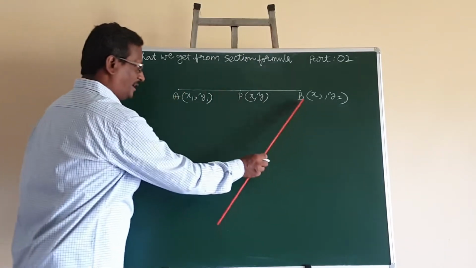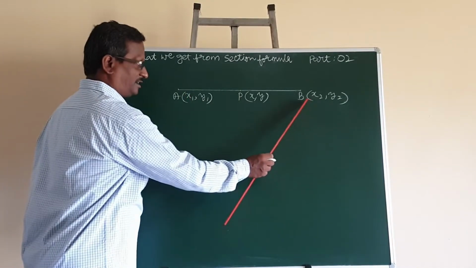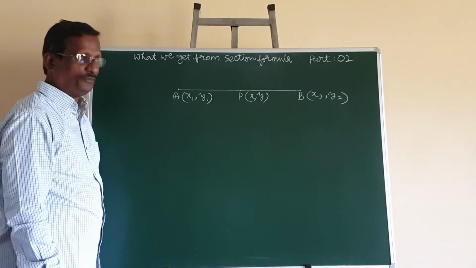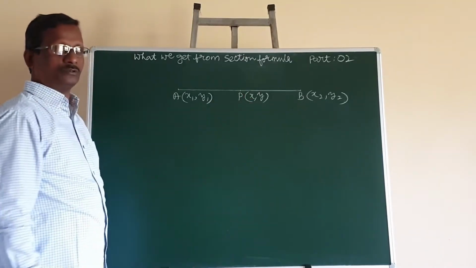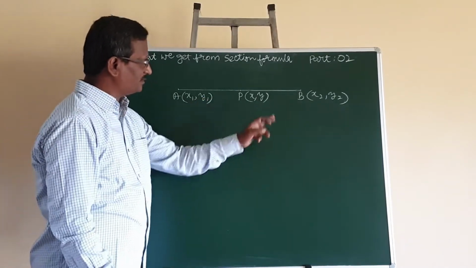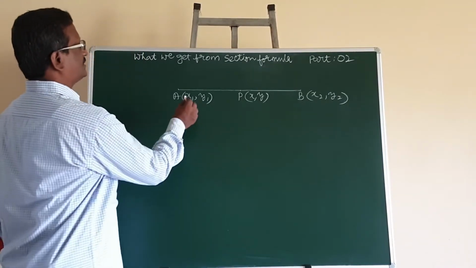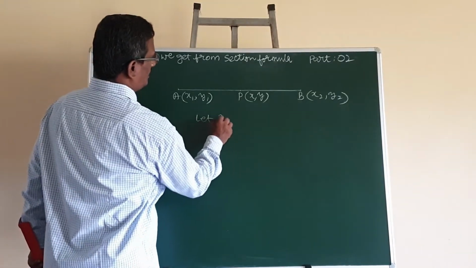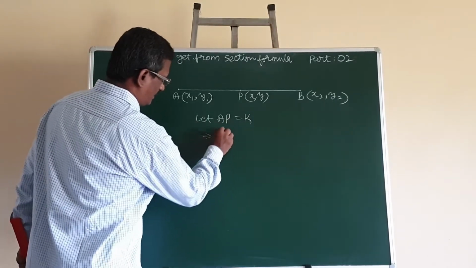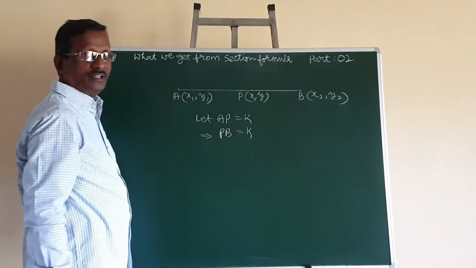Line segment AB, the coordinates of point A are x1, y1, the coordinates of point B are x2, y2. P is the midpoint of AB. I have assumed the coordinates of point P as x comma y. If P is the midpoint of AB, let us find the ratio. Let AP is equal to k. This implies PB is also equal to k because P is the midpoint of AB.